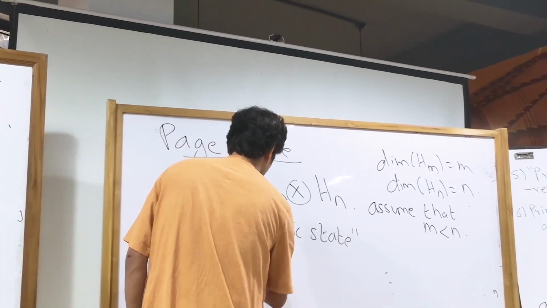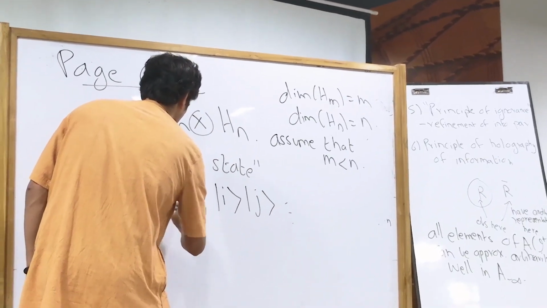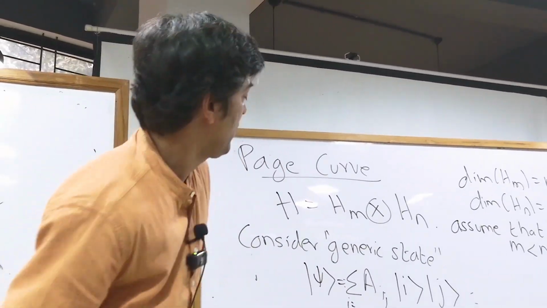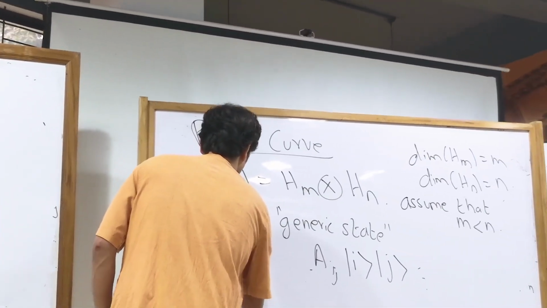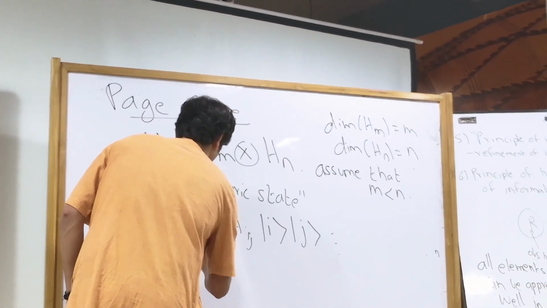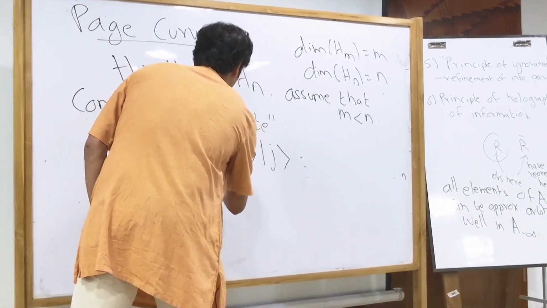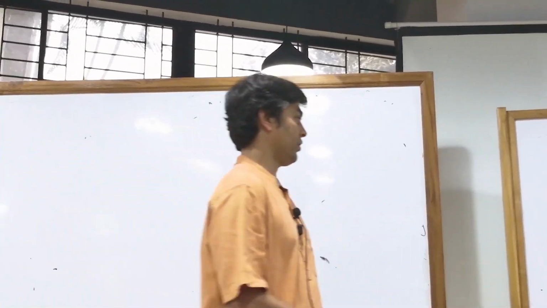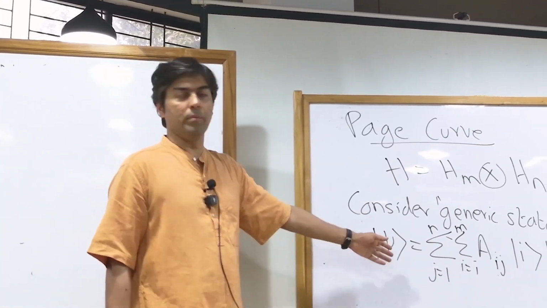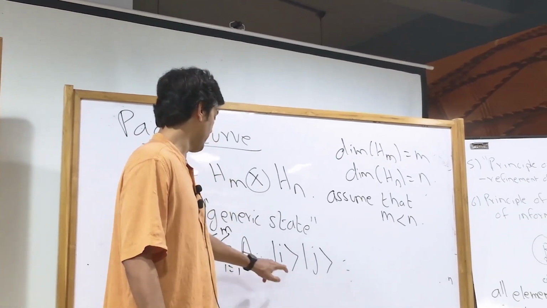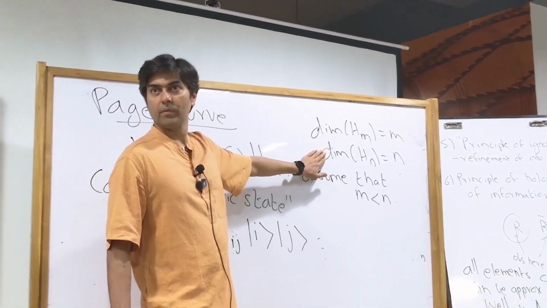Such a state can be written as a sum over i from 1 to m and j from 1 to n, for some coefficients a_ij. Obviously you can write any state in the full theory this way, as a combination of a state from H_m and a state from H_n. This i runs over 1 to m, it's a basis for this Hilbert space. And this j runs over 1 to n, it's a basis for this Hilbert space. You see this? Okay, good.